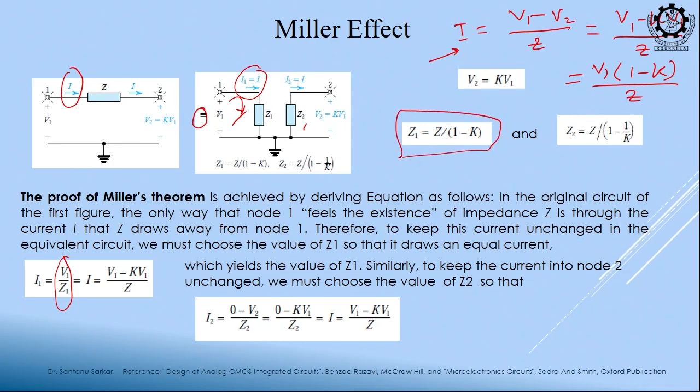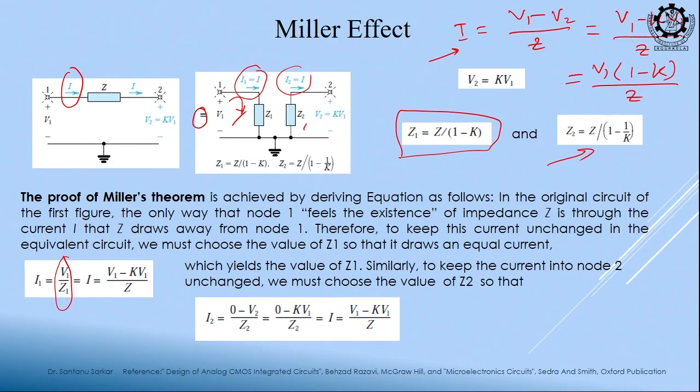You can do this, it is a simple KCL, you just solve it and you will arrive at this. Only one equation is there, that V2 is equal to K V1, the rest of the thing is just KCL. Similarly, I will try to find out I2. What is I2? V2 minus V1 by Z2, and I will equate this with this current, and I will get Z2 equal to Z by 1 minus 1 by K. So, a simple theorem, but it helps.